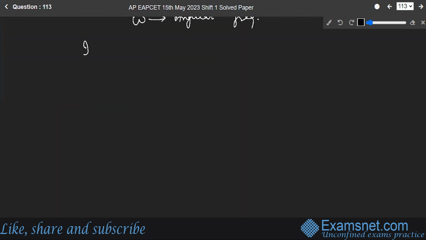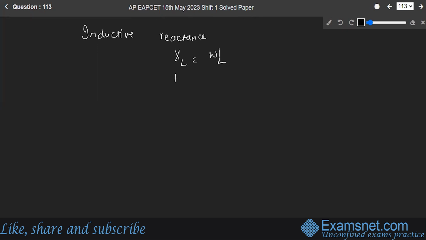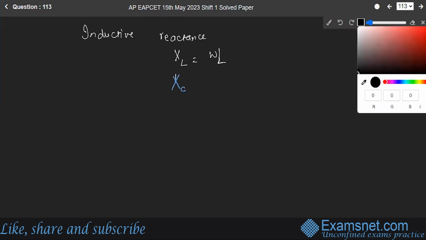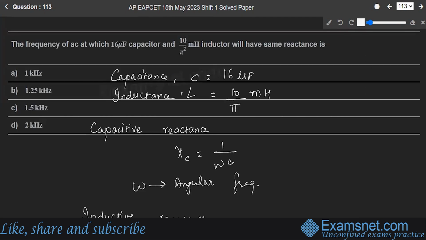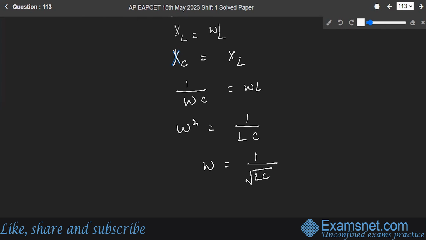So the inductive reactance will be given by XL is equal to omega L. Or you have XC is equal to XL. That means 1 upon omega C is equal to omega L, or by cross multiplication, omega square is equal to 1 upon LC, or omega is equal to 1 upon root of LC.